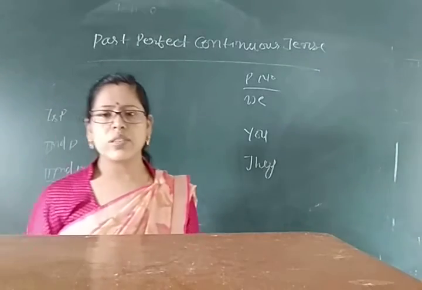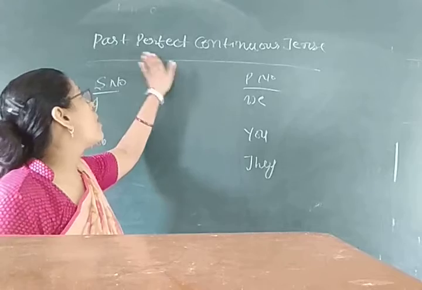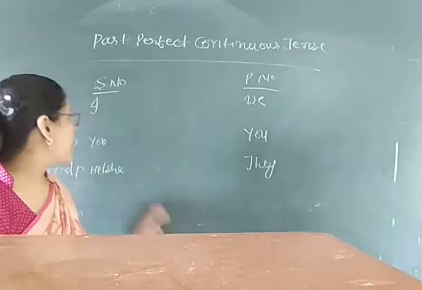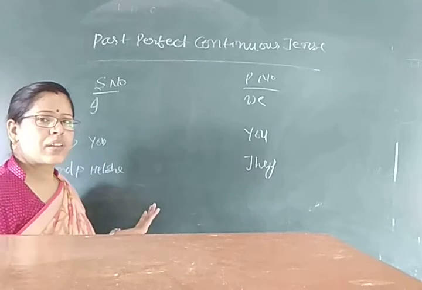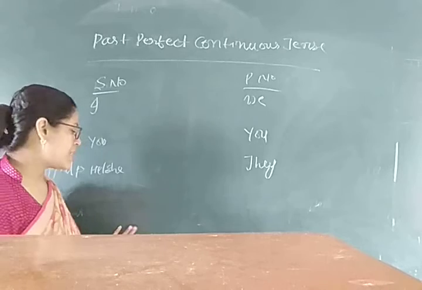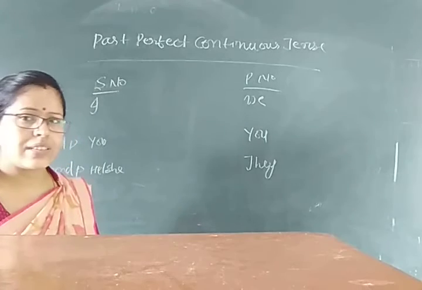Yes, my dear students, you can see here the last type of past tense is what? Past perfect continuous tense. Alright. So, as we do every time, at first we will make this format and after that we will write here what is the structure. So, what is the structure of this tense?